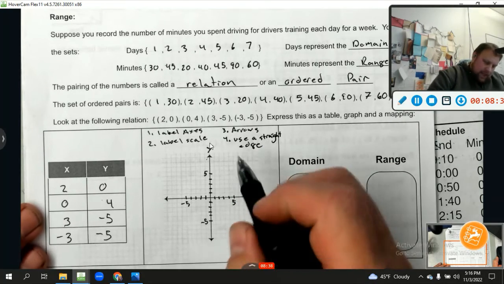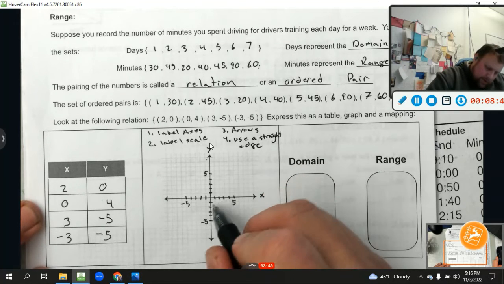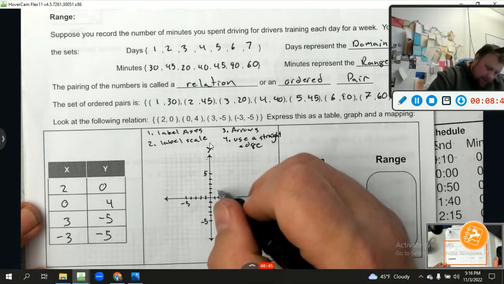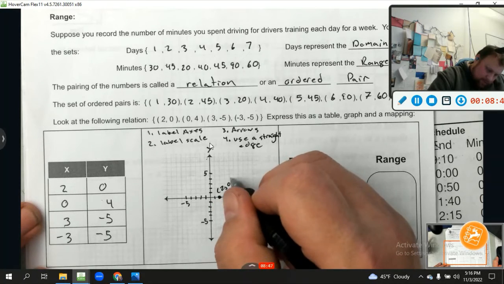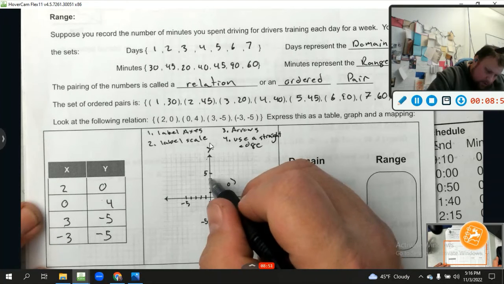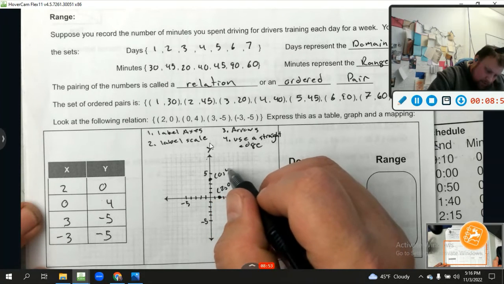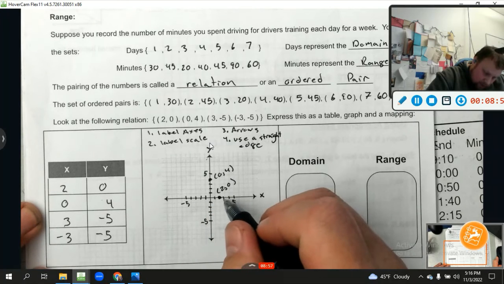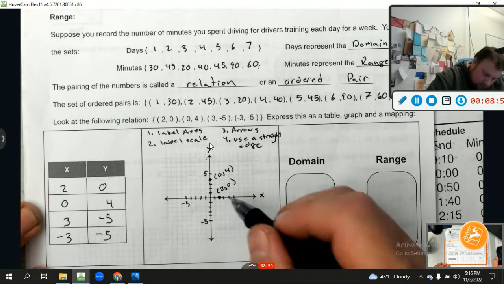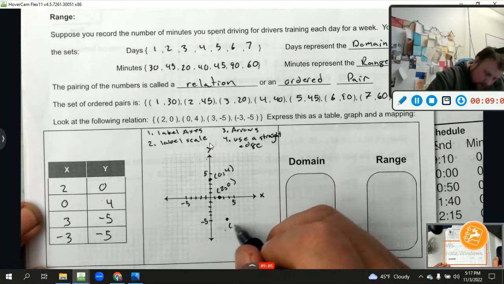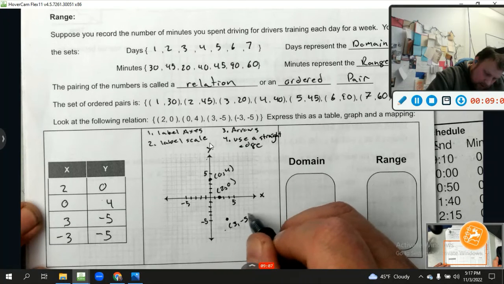So let's graph this relation right here. We have (2, 0). So x comes first, so 1, 2, and 0. And we have the point (2, 0). Then we have (0, 4): 0, 1, 2, 3, 4. What else we have? (3, negative 5): 1, 2, 3, down 5.